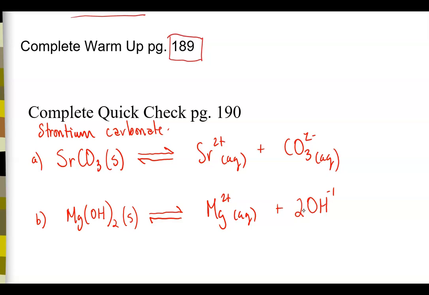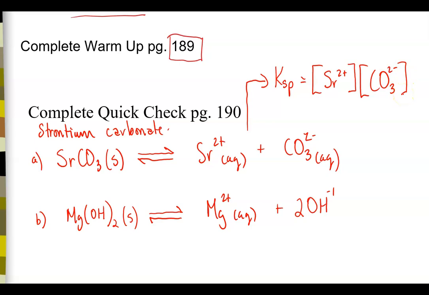So now we would look at our Ksp expressions. For number 2, it says for each equilibria above, write the corresponding Ksp next to it. I kind of run out of space here a little bit, but I'll do this one up above. The Ksp for the first one would be equal to the concentration of strontium 2+ times the concentration of carbonate.